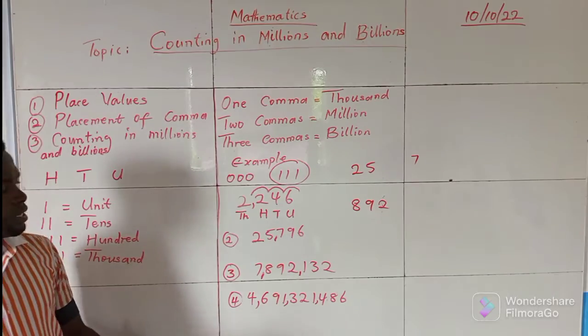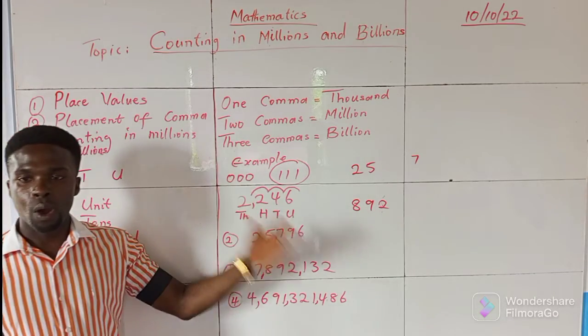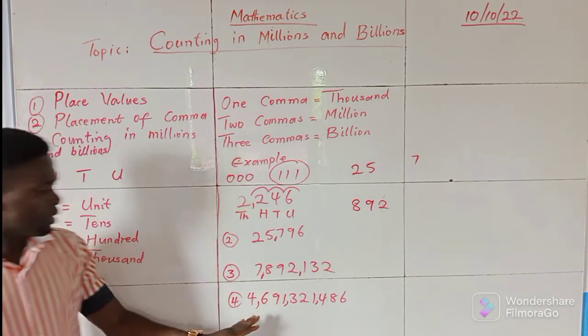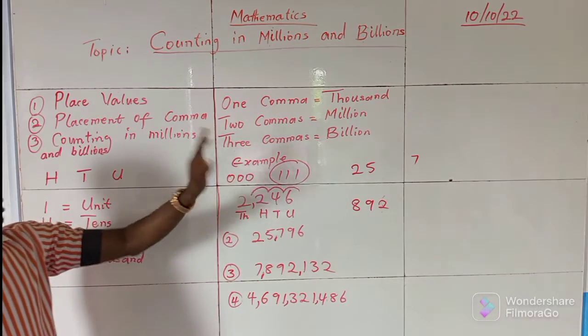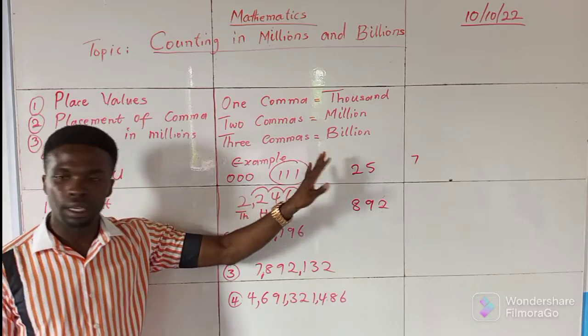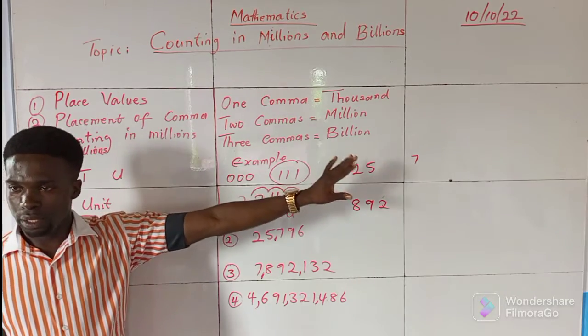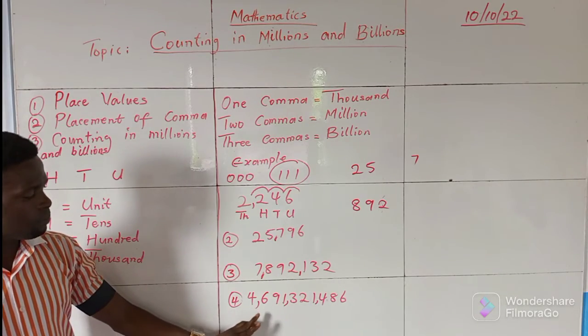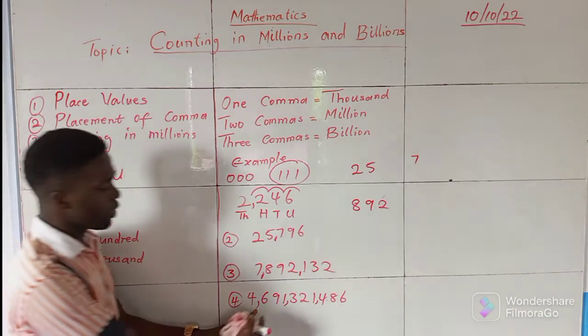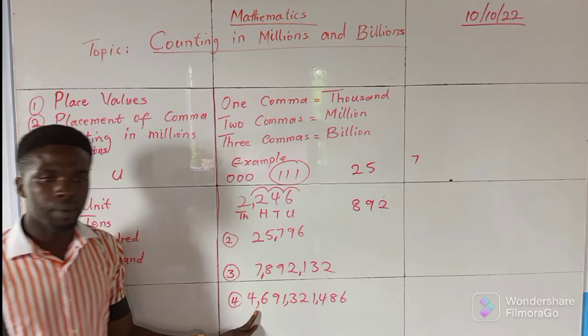Now this makes it very easy for us to call these numbers. Here you can see that we have 3 commas. And when I said where we have 3 commas, it is called what? Billion. So you now say 4 billion, knowing very well we have 3 commas.